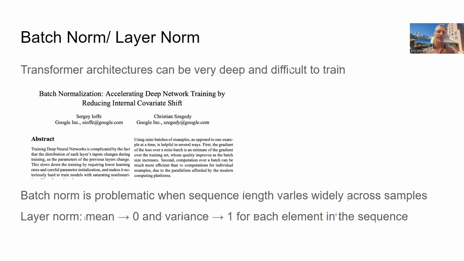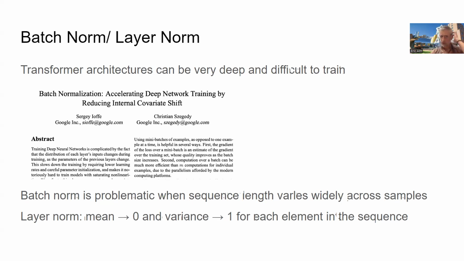But in the diagram, it said add and norm. And so this was a really influential paper, the first paper on batch normalization. This was really important for being able to train very large, deep neural nets efficiently.